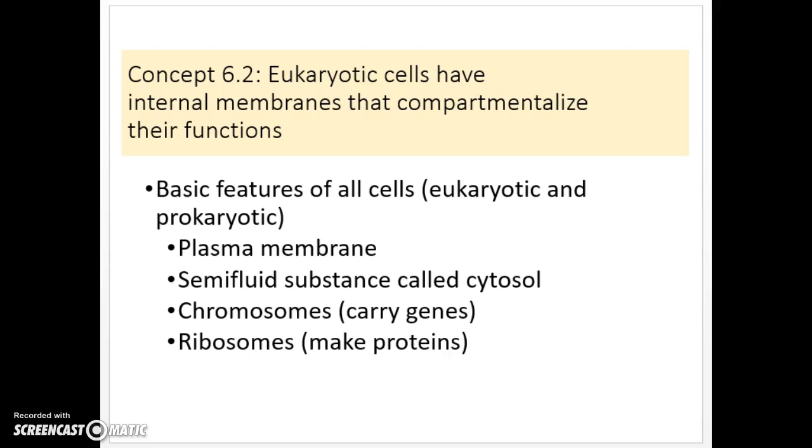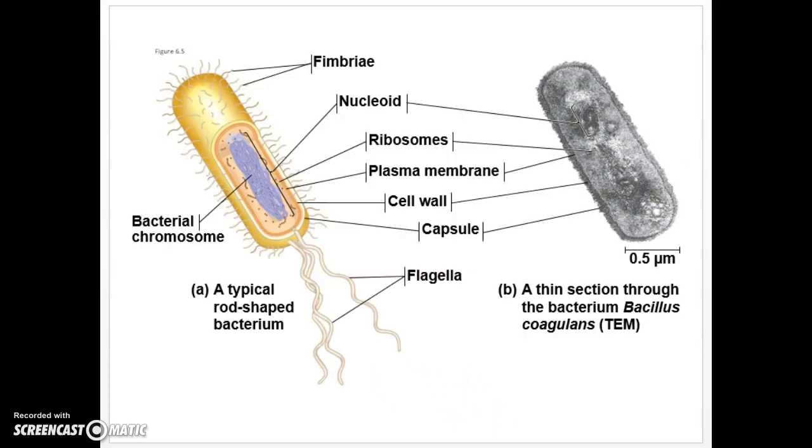Some basic features again, listing what I was just saying before, the things that are common between eukaryotic and prokaryotic cells. So again, make sure you know this list. But your Chapter 6.2 is going to focus on eukaryotic cells and the organelles that are surrounded by membranes.